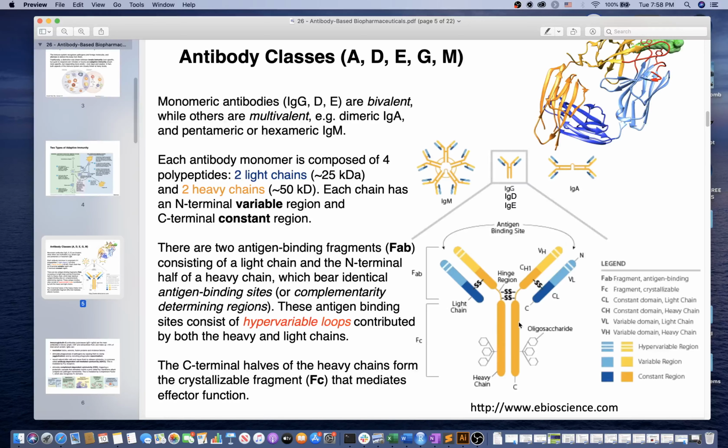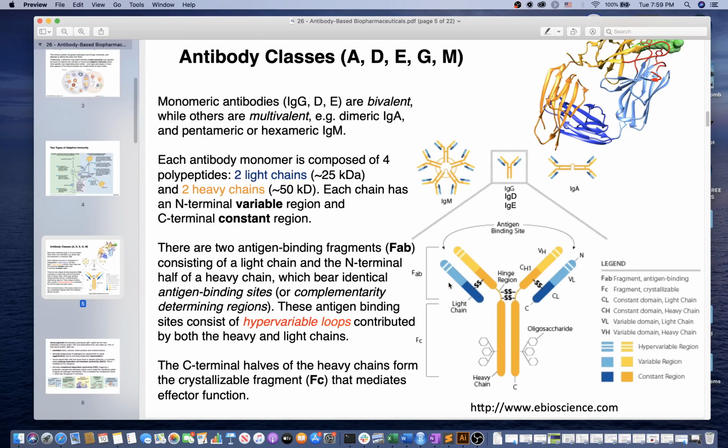This is the heavy chain, and heavy chain is one peptide chain, and this is another peptide chain. This disulfide bond covalently links these two. But these are two different peptide chains.